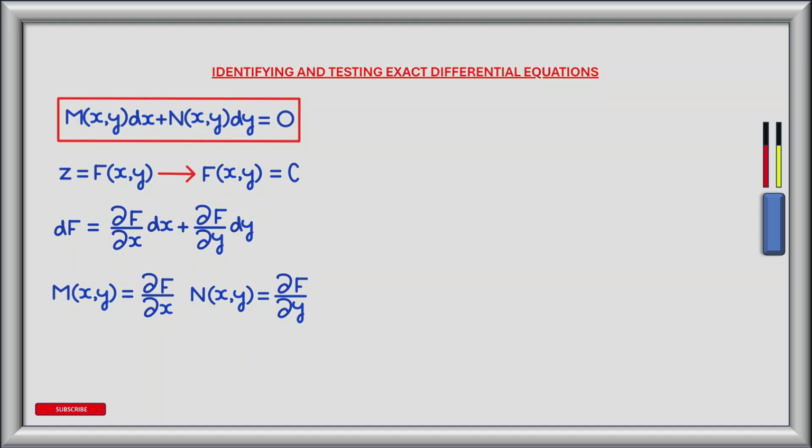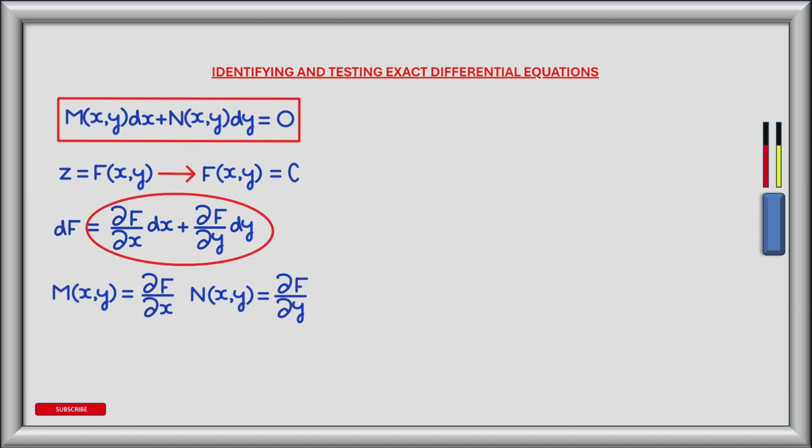Let's now say we have a function m of xy, which is equal to the partial derivative of f with respect to x, and a function n of xy, which is equal to the partial derivative of f with respect to y.